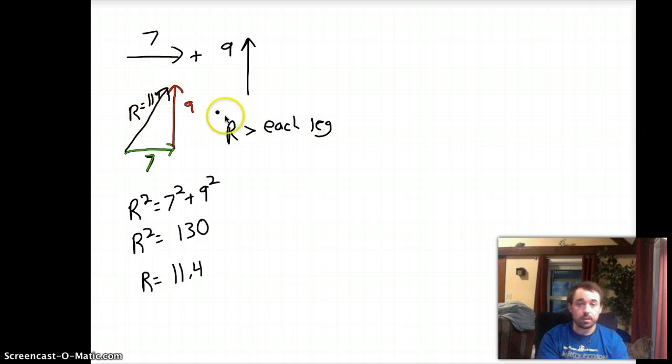So it'll always be greater than or essentially equal, but that's kind of a boring one. R is greater than each leg. So 9 here is your highest. Well then 11.4 is bigger than 9. So we're good.